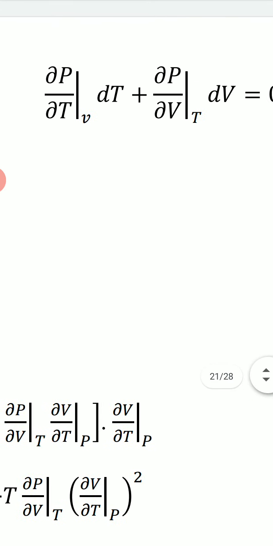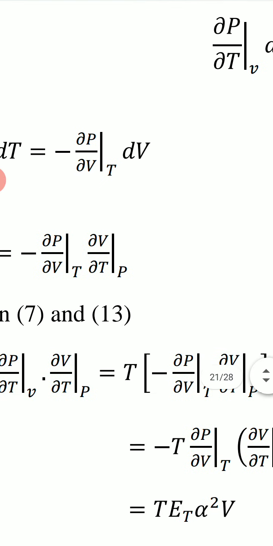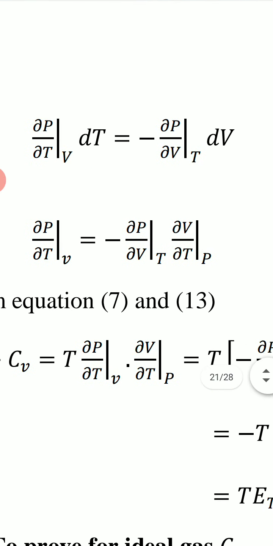Keep one term to the right hand side, then we get this relation. And from this relation we get delta P upon delta T at constant V is equal to minus delta P upon delta V at constant T into delta V upon delta T at constant P.